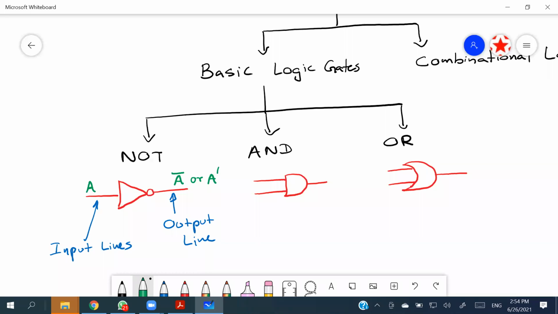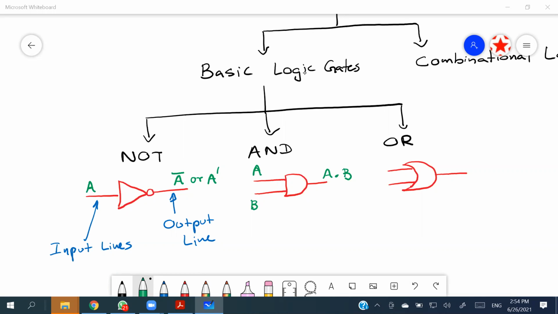And when we give A on this particular line and B on this particular line, this outputs A dot B. Ravindu, I'll come to that.